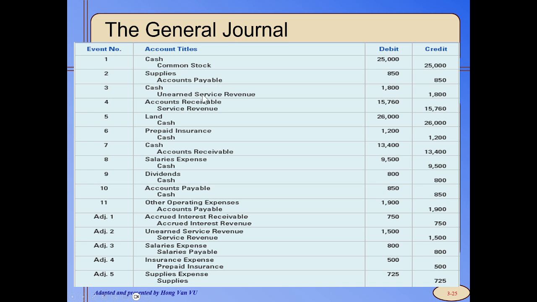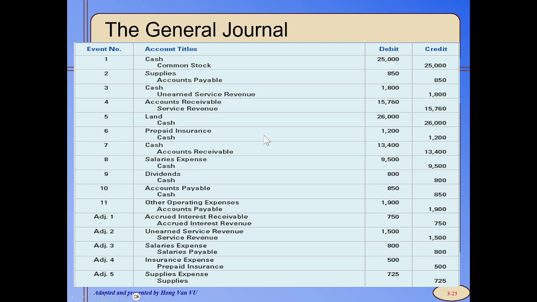The third one, the company receives cash for service that they will perform later. The fourth transaction, the company performs the service for the client, but the client will pay later. And the fifth transaction, the company bought land and paid cash.